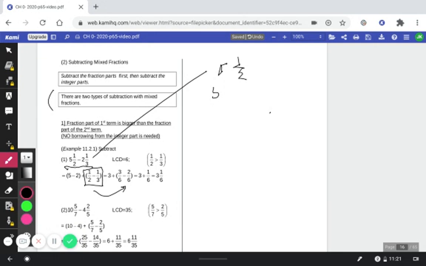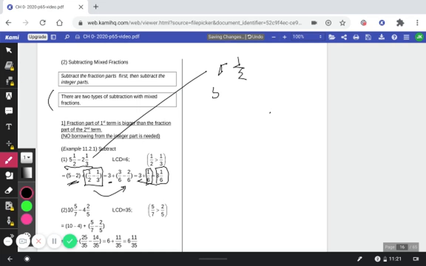So convert them into 3/6 minus 2/6, and that's 1/6. So we don't need to borrow anything. Now you can do the integer portion. 5 minus 2 is 3, and the answer becomes 3 1/6. Okay. So that's how you do the subtraction.